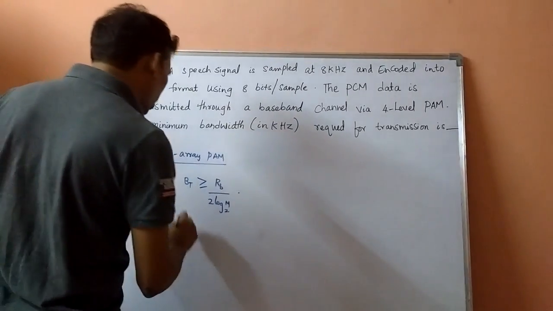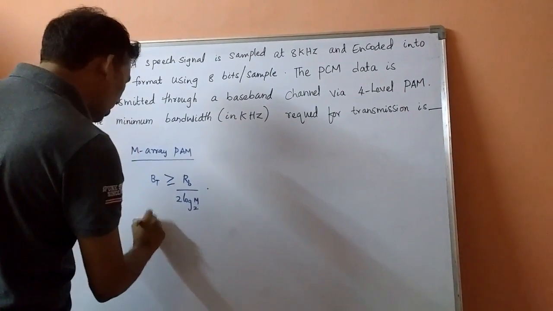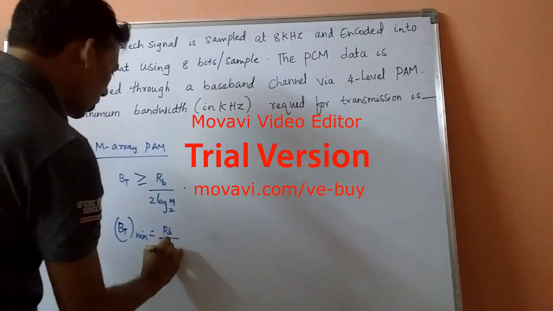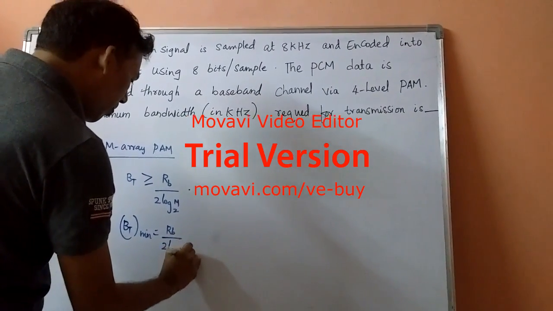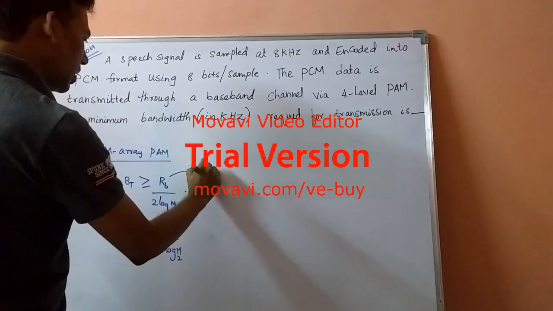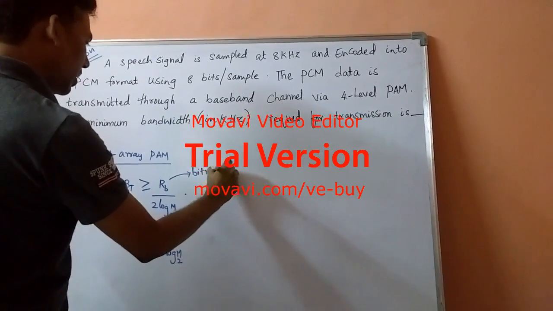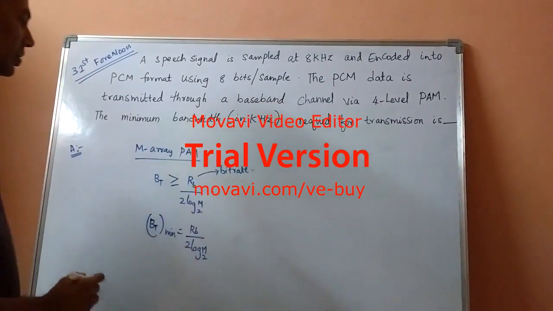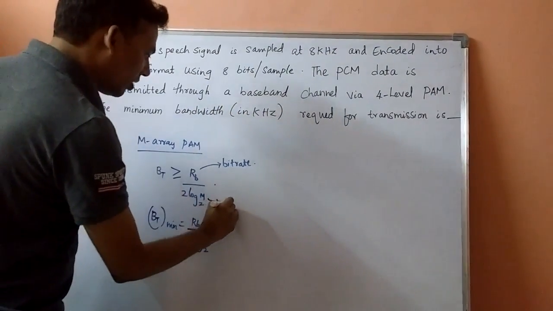So the minimum transmission bandwidth required is RB by 2 into log m base 2, where RB is the bit rate and m is the M-ary level, that is, the number of levels.